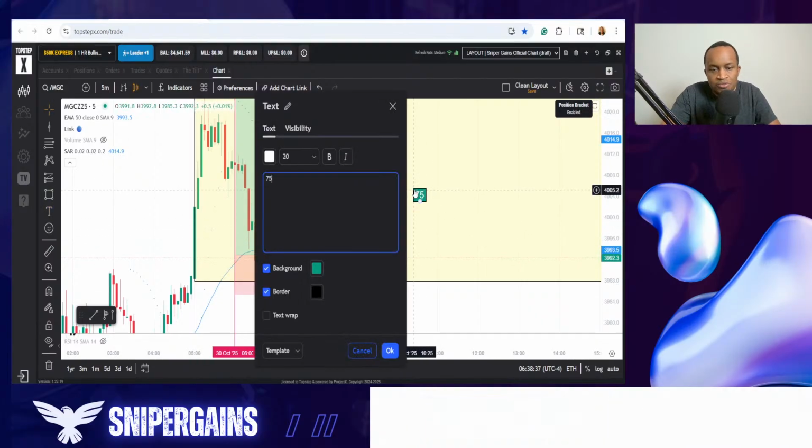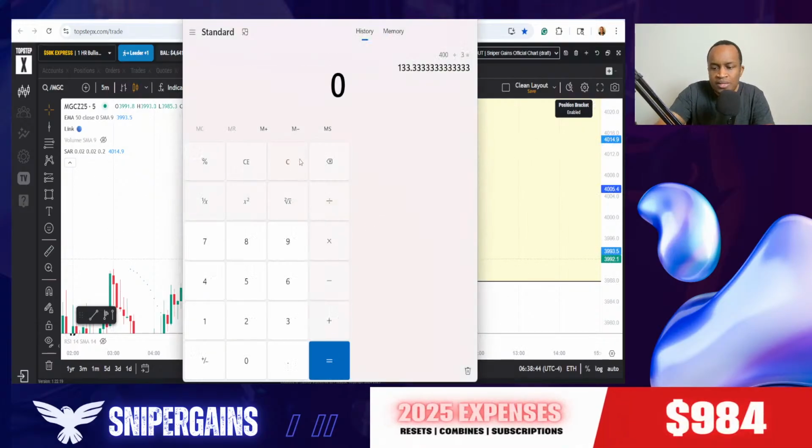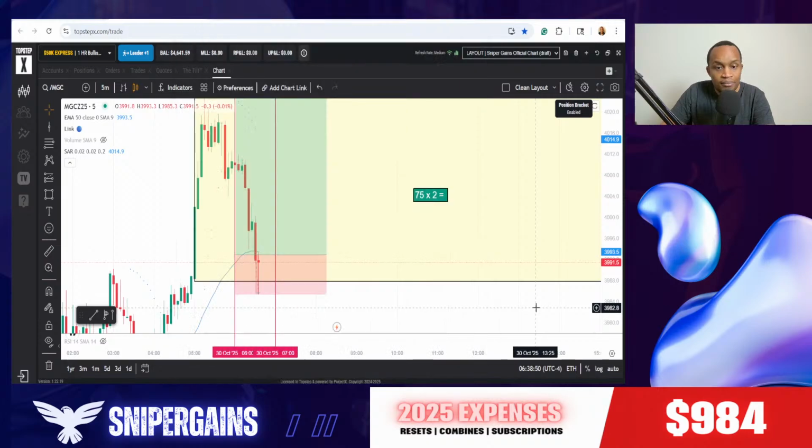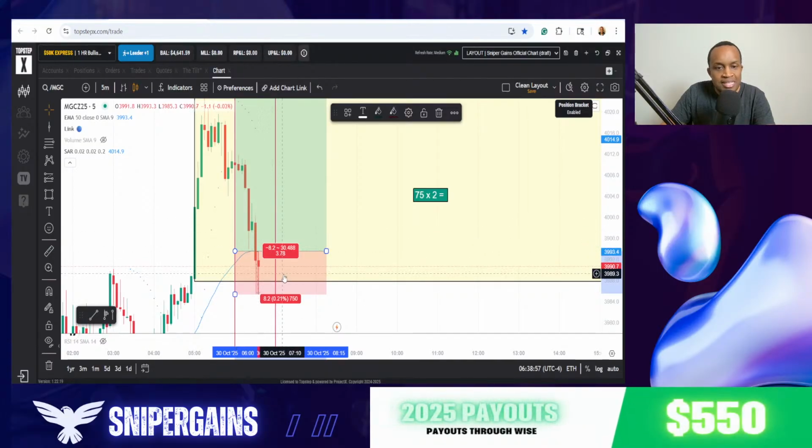So 75 times 2 is equal to about 150. So it is on the higher end, like the max end. If it forms a really big stop loss, then I would just have to drop the contract to around 1 micro contract.